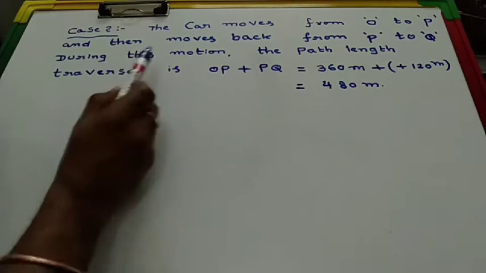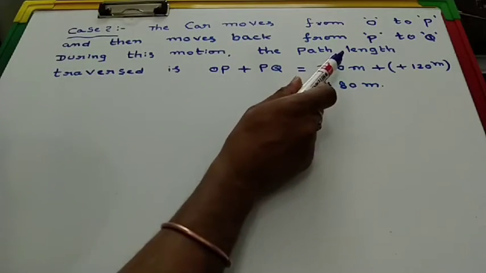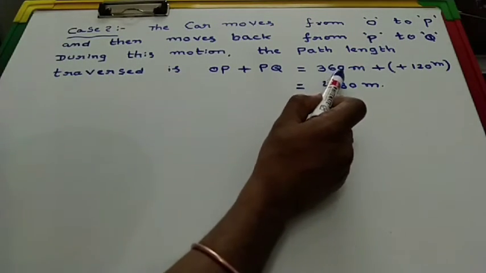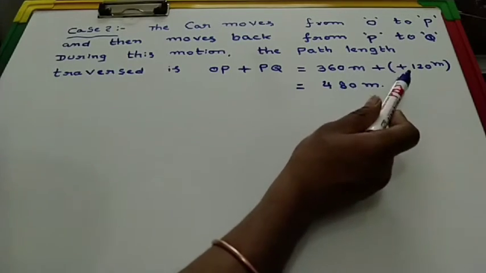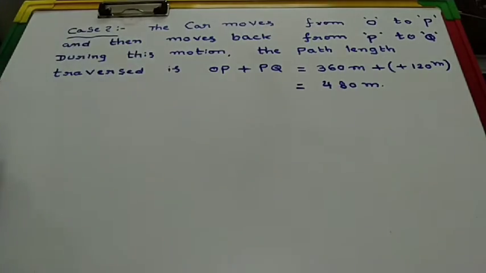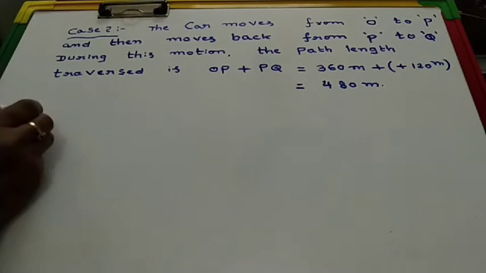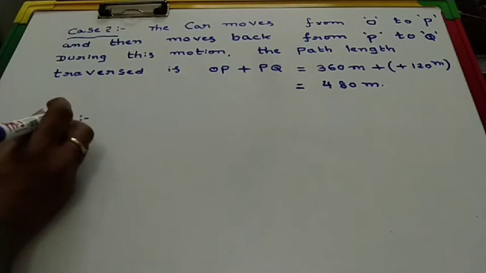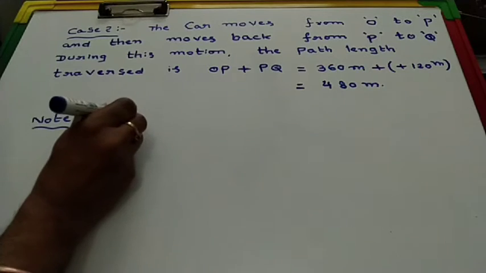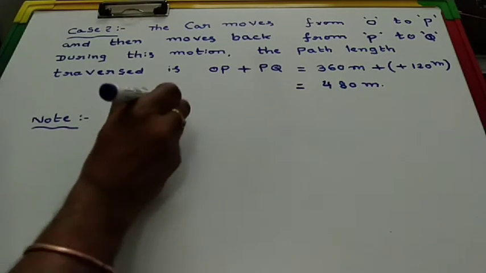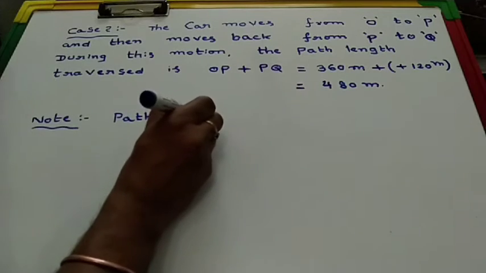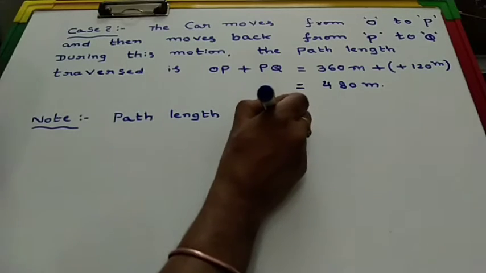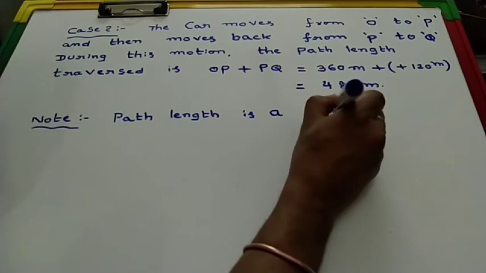Once again, during this motion, the path length or distance traveled is OP plus PQ. That is equal to 360 meters plus 120 meters, that is equal to 480 meters. Now, note, path length is a scalar quantity.